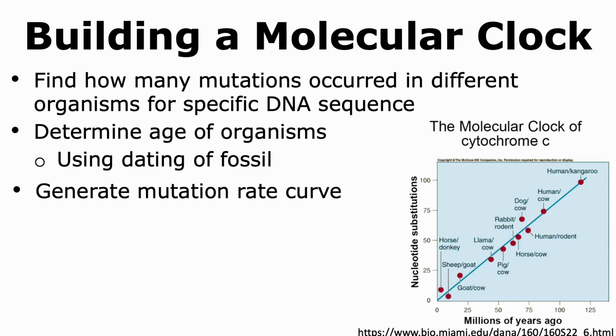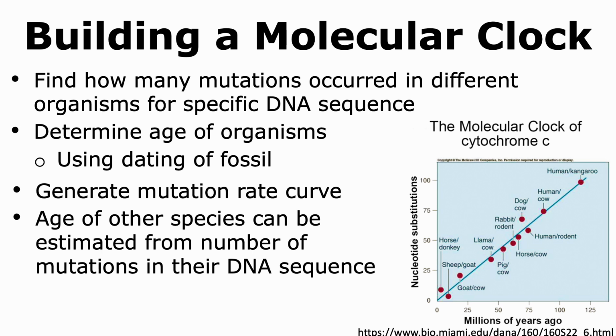A curve is then generated by looking at the mutations that happen in the different organisms along with the time at which these organisms evolved. This allows the generation of a mutation rate curve, which tells us how many mutations occurred with time.